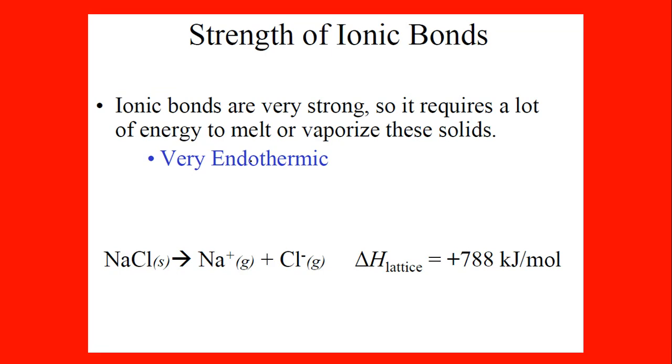Now, I realize down here at the bottom you're not familiar yet with this delta H. We will be when we get to thermochemistry, but delta H is called your enthalpy, and this is referred to as your lattice enthalpy. What I want you to see at this point is that it's a positive value, so it's very endothermic. That means energy is being absorbed more than being released in this type of bond.